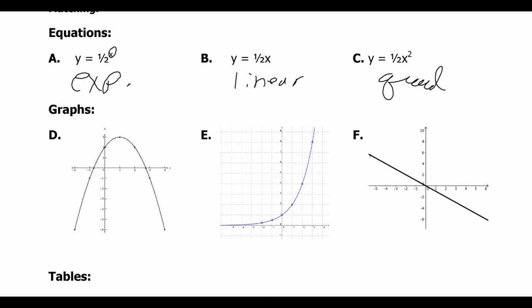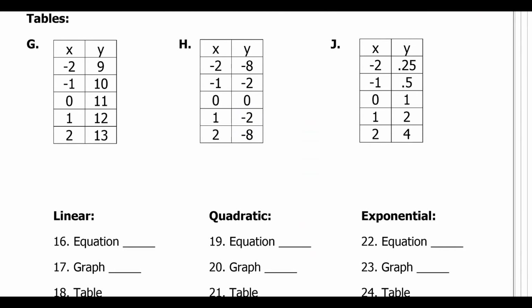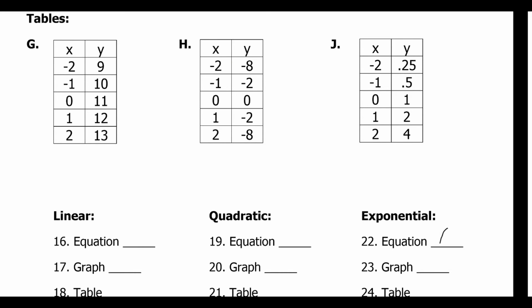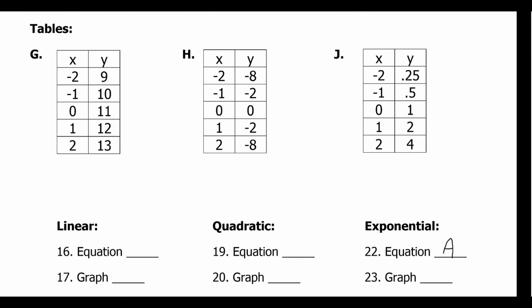Alright, so that means A is going to go under exponential. A is exponential. C was quadratic. And B was linear.